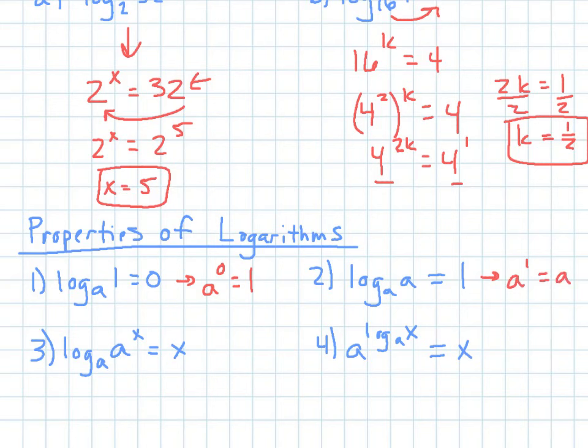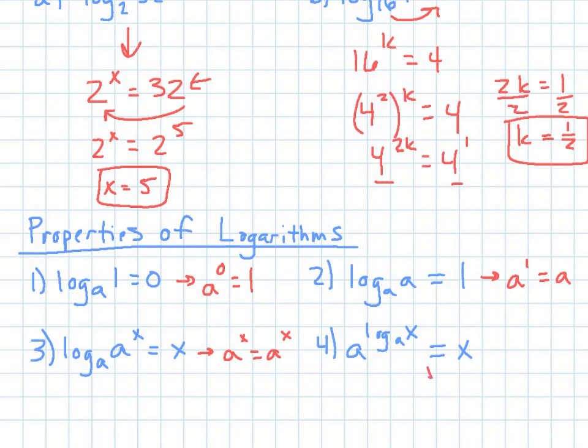Okay. 3 says that log of any value to the x power to that same base is equal to x. So here, changing it up, you'd say a to the x is equal to a to the x. So when your bases are equal, the exponents are equal, so x equals x. Now this one's a little different, because you have a to a power is equal to x.